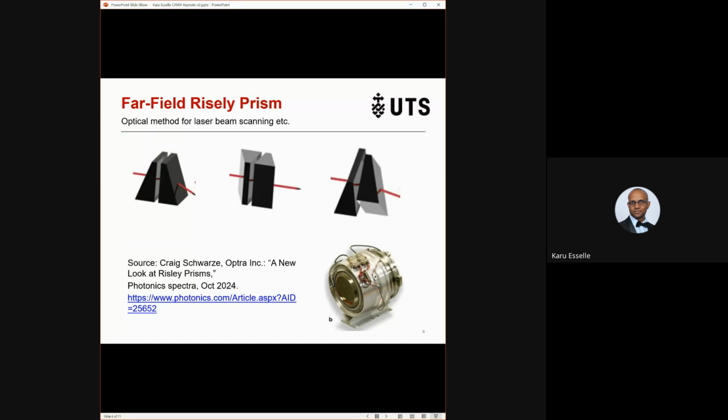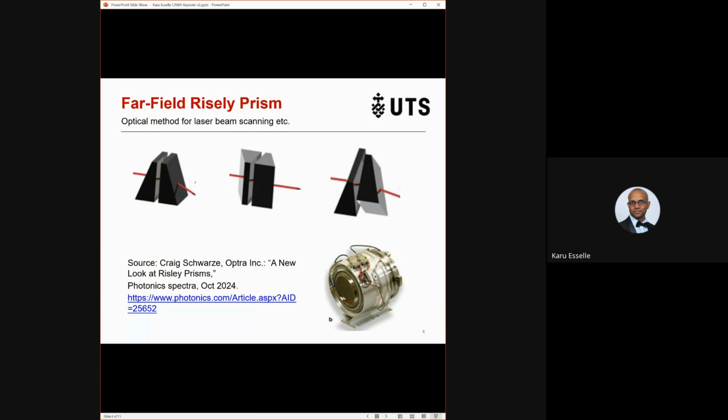So to implement this in the near field metasteering system, what we did was we mimic this bulky prism by a printed circuit board, a very thin printed circuit board.